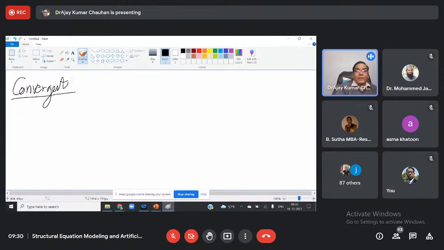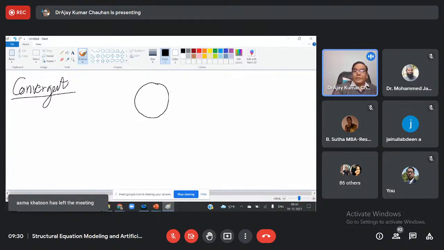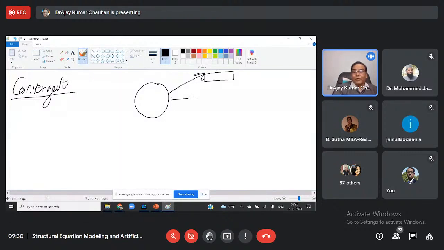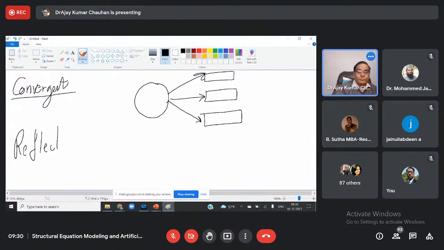Now for convergent validity, suppose there is a construct, and it is a reflective construct, because for a formative construct we don't check convergent validity. This concept is only applicable for reflective constructs, not formative constructs.